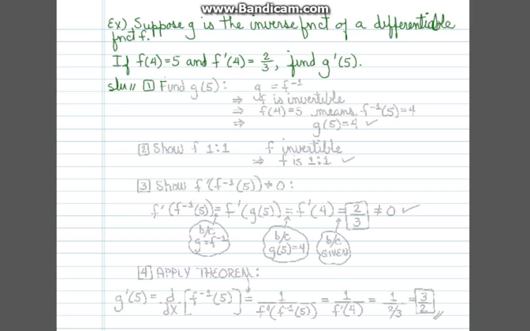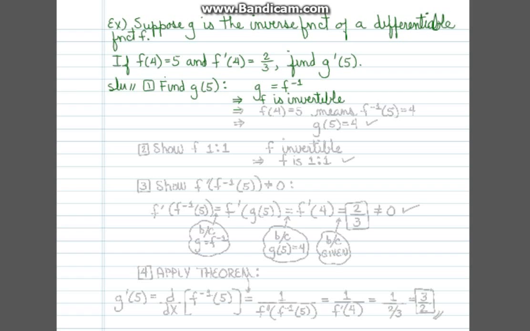Find g of 5. Okay, we know that g is equal to f inverse. That implies that f is invertible. We wouldn't be talking about g, which is f inverse, unless we knew that the function f was invertible.